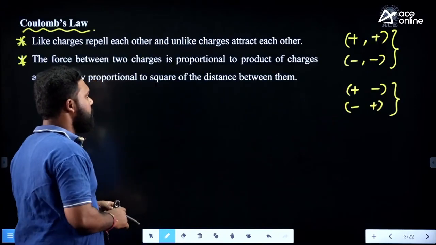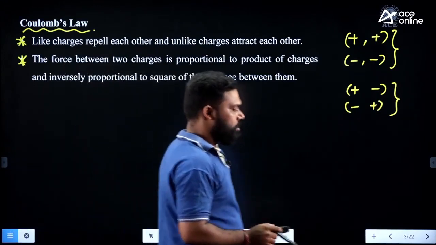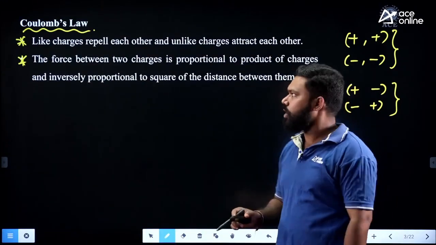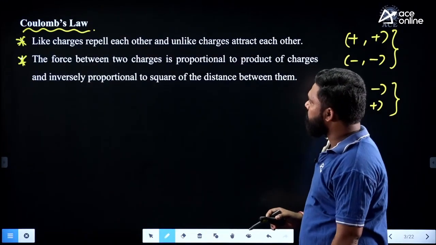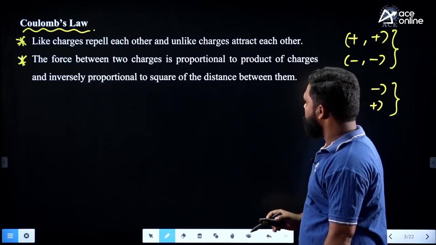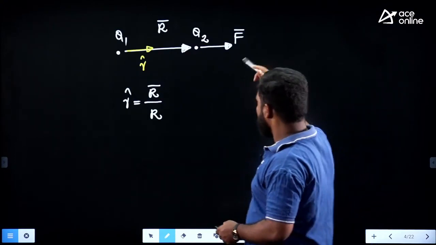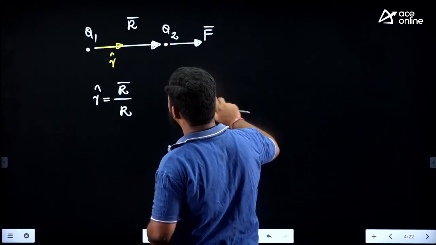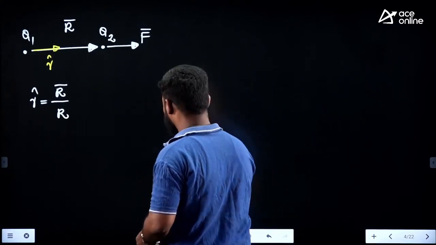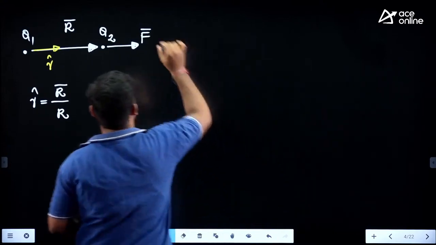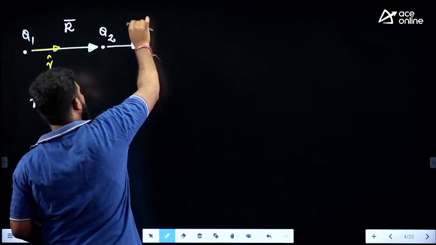Let me go back here. So what is this law talking about? The law says the force between two charges is proportional to the product of the charges. If I put a bar here, what does that indicate? It indicates the vector.